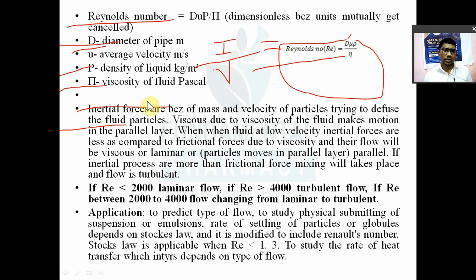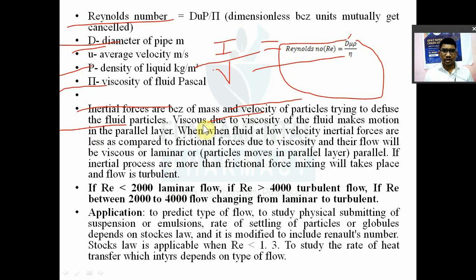The viscous forces are due to the viscosity of the fluid, which make the motion in parallel layers.